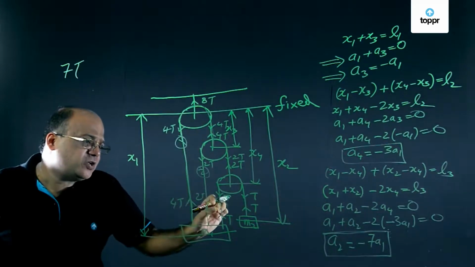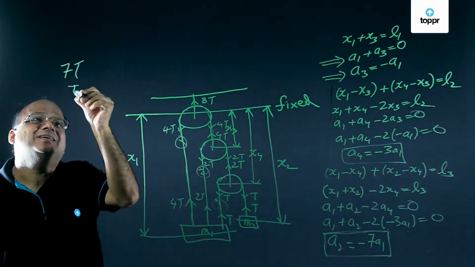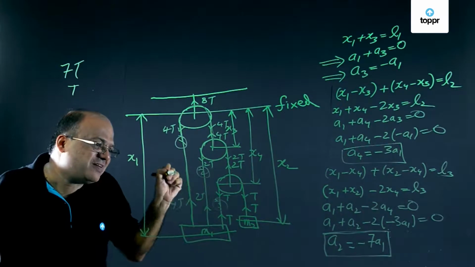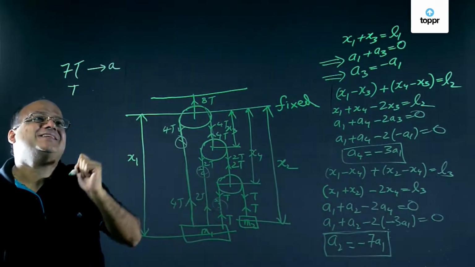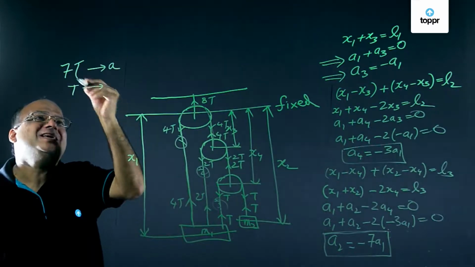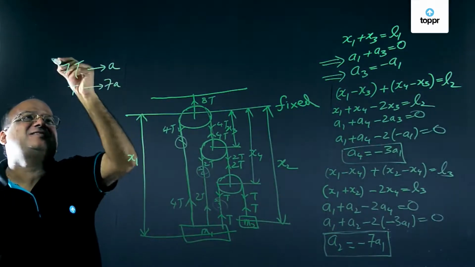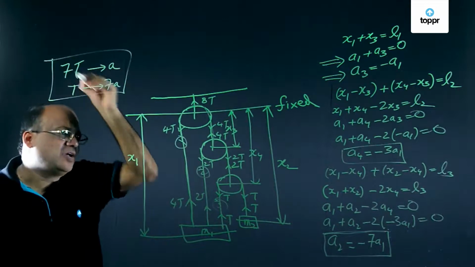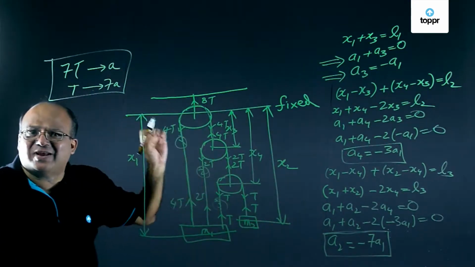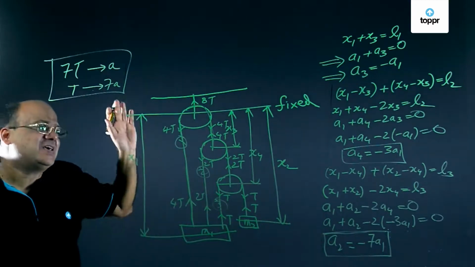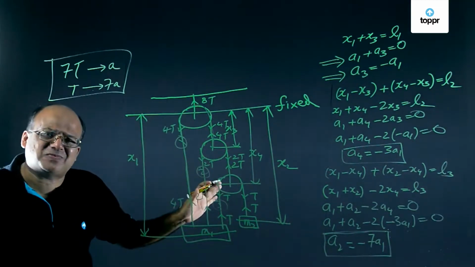What is the total tension on M2? That is T. Wherever the tension is 7T, put the acceleration as A. Where the tension is T, the acceleration will be 7 times A. This trick you just remember. Where the tension is 7T, put the acceleration as A. Then where the tension is T, the acceleration will be 7A. This will work for these kind of problems.